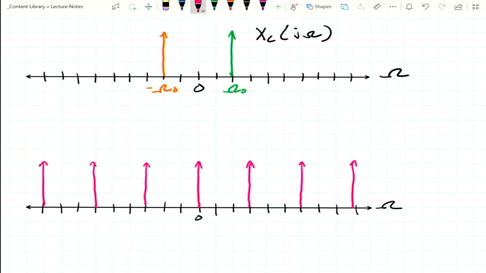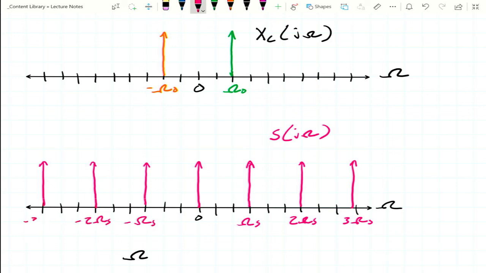All right, this is our S of j omega. Let me label that: omega s, 2 omega s, 3 omega s, minus omega s, minus 2 omega s, minus 3 omega s.